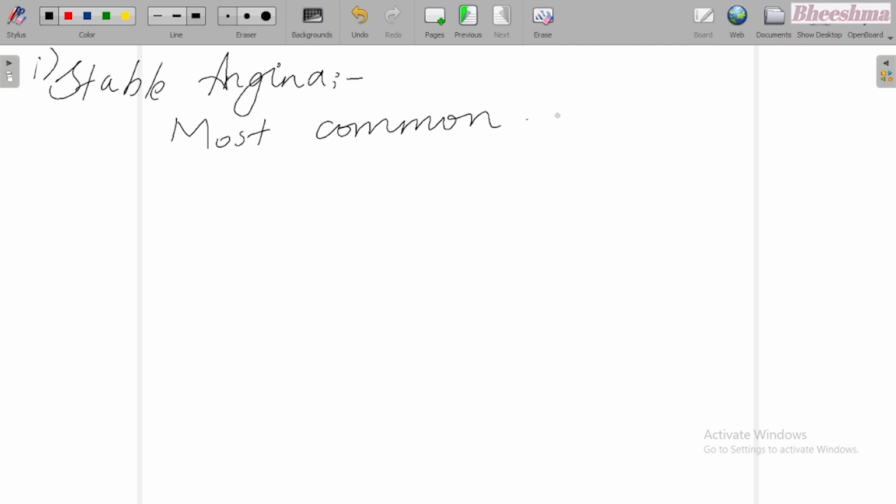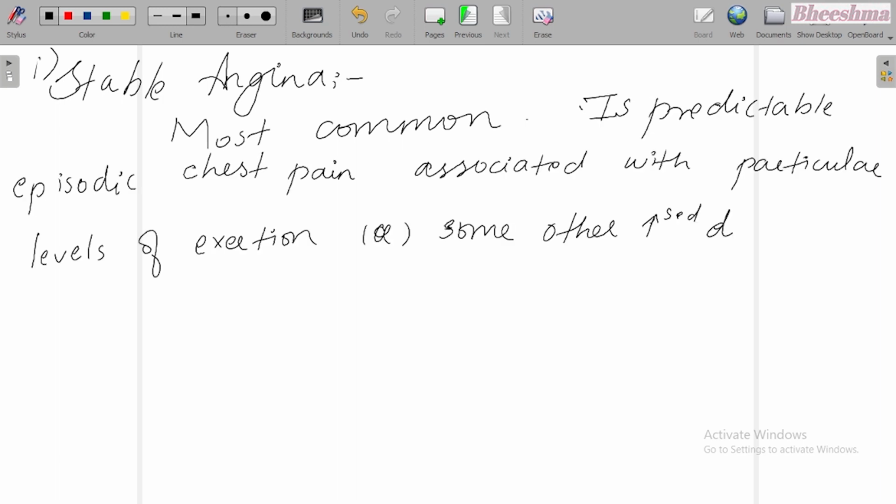The patient will have predictable episodic chest pain associated with a particular level of exertion or some other increased demand, such as emotional stress.